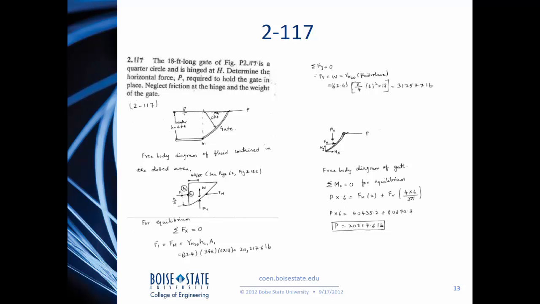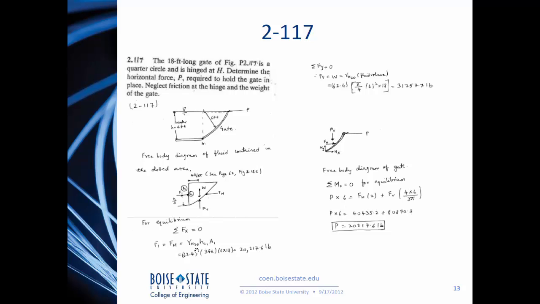If I draw the free body diagram for this fluid column, I have the weight of the fluid, the resultant hydrostatic force components Fh and Fv, and then the planar component force F1 as shown here.